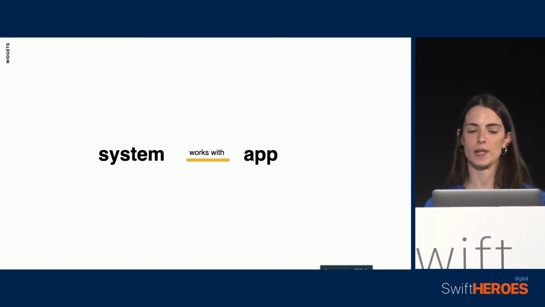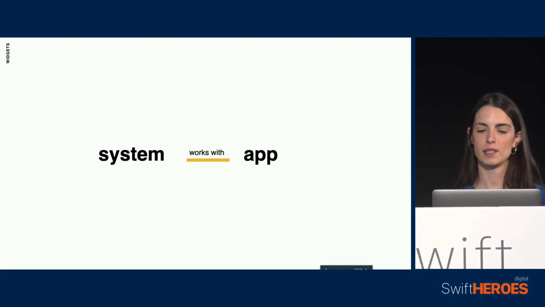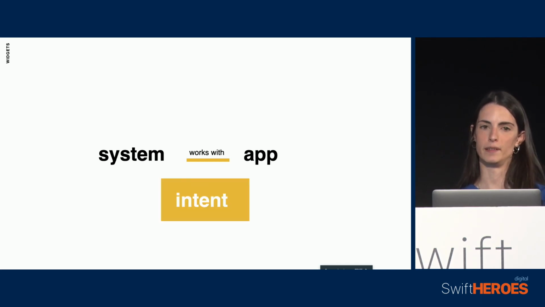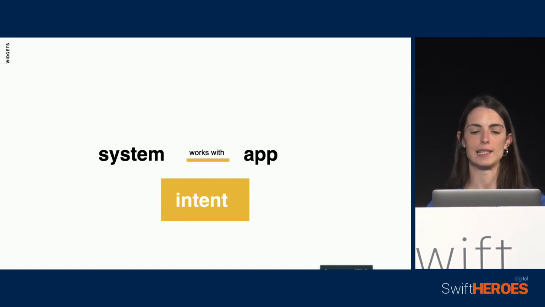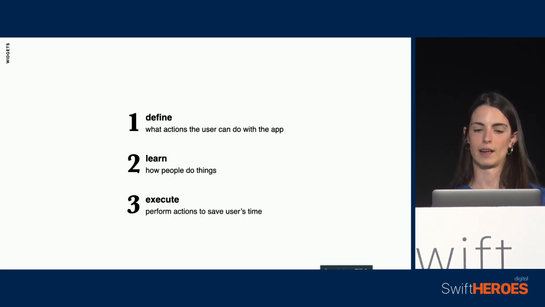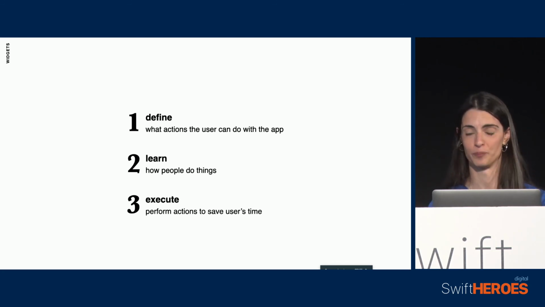So to summarize, we can say that the system and the apps work together, mainly through the intent. The intent is the common language between the system and the application. In fact, intent allows us to define what actions we can perform in our application.